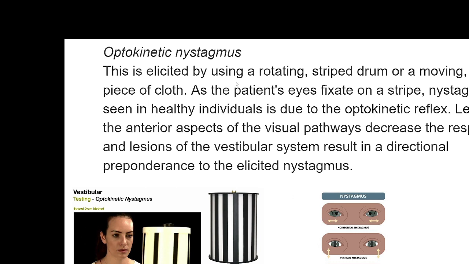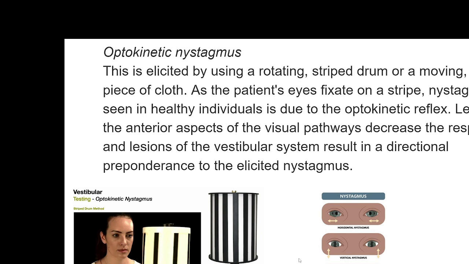Whereas optokinetic nystagmus or simple nystagmus is better elicited by asking the patient to focus on a striped drum or a moving cloth, so that the patient would be focusing on one area, a line. It could be rotated or it could be a moving cloth, and then look at the eyeball movement. The eyeball movement could show nystagmus, which could be either in a lateral direction, side to side, or upward to downward, or circular.